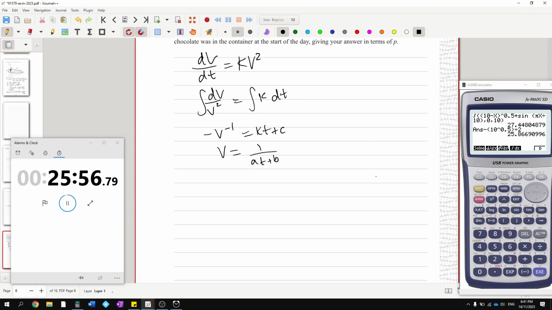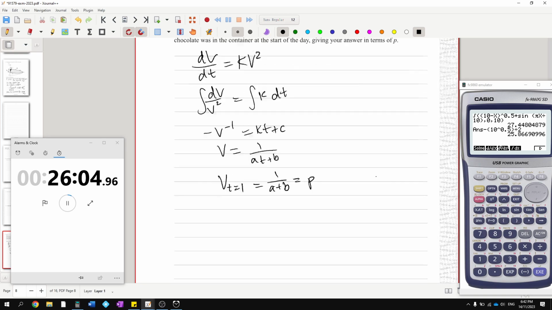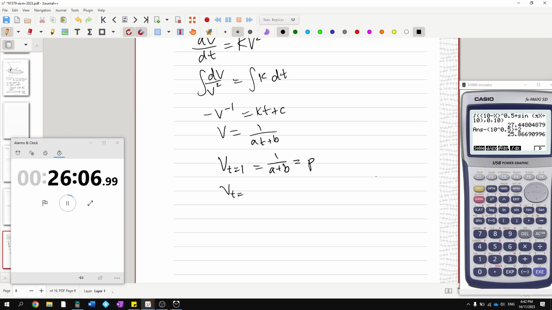So 1 over V equals at plus b, so 1 over p equals a plus b. And 1 over 2a plus b equals 4p over 5. Flip both sides, a plus b is 1 over p. Flip both sides, 2a plus b equals 5 over 4p.